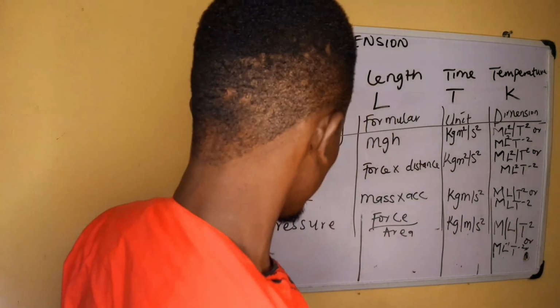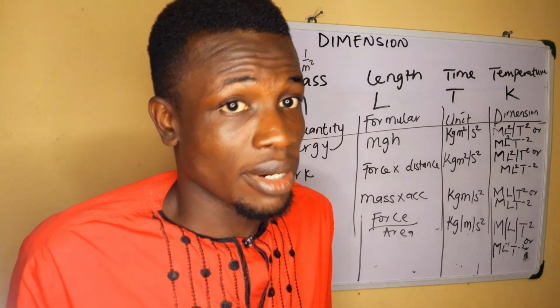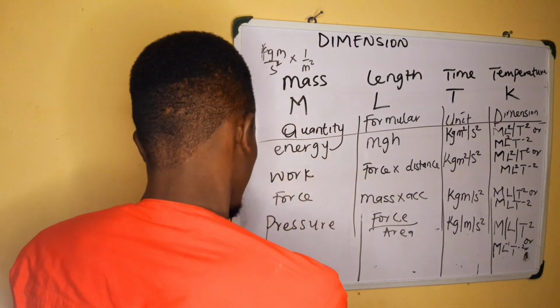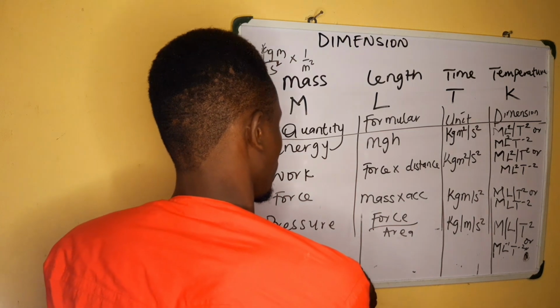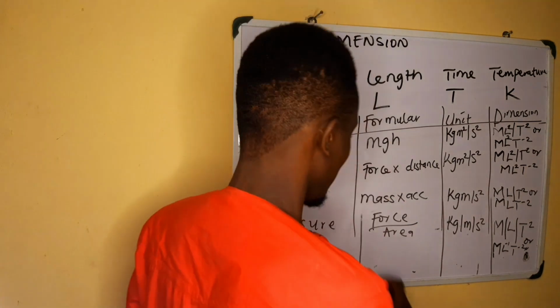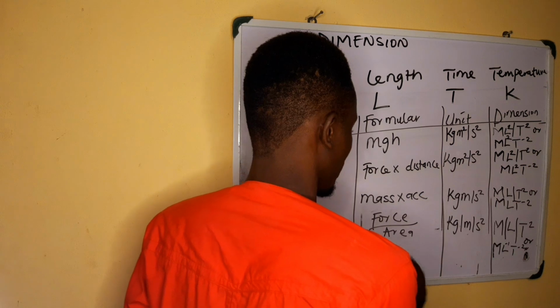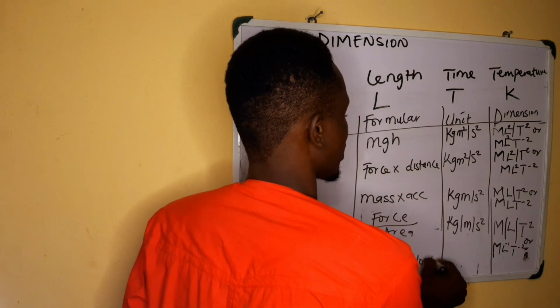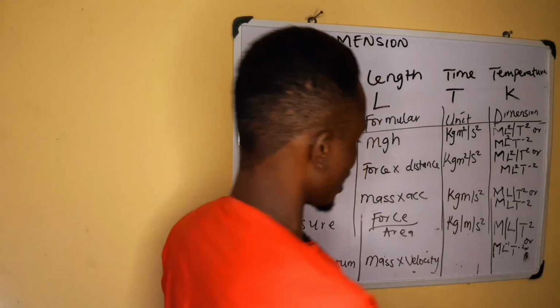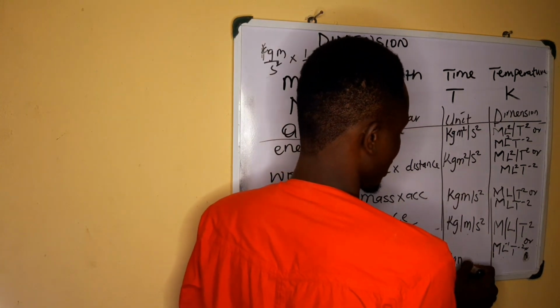So what next do we have? We also have some other quantities, something like linear momentum. The basic formula is mass times velocity. So the basic SI unit is going to be kilogram meter per second.